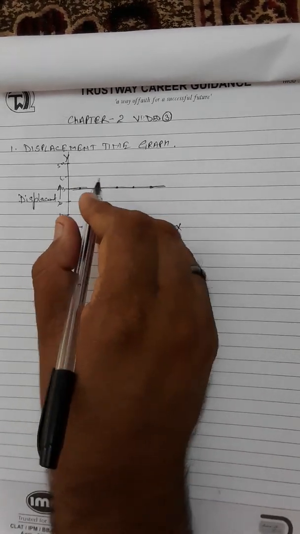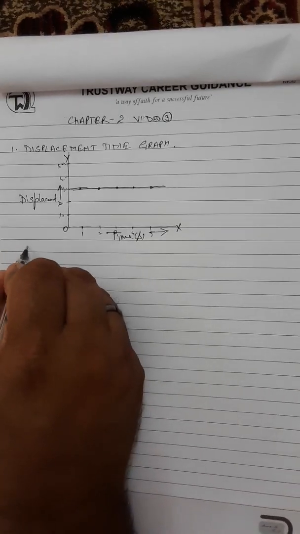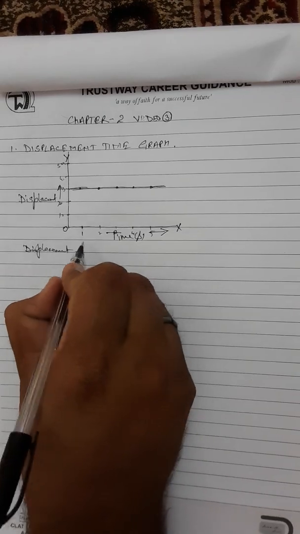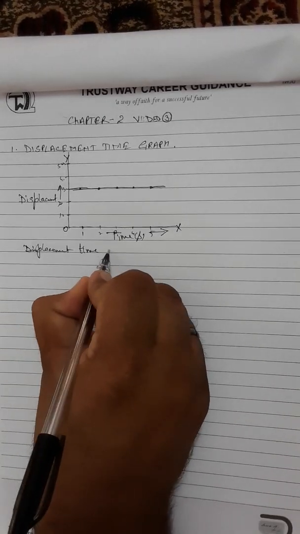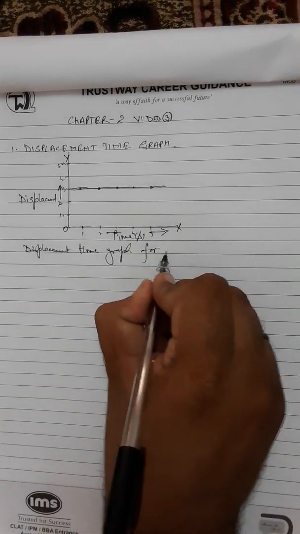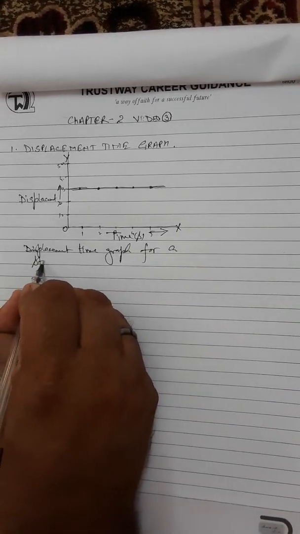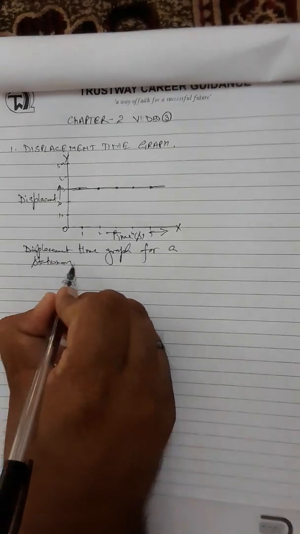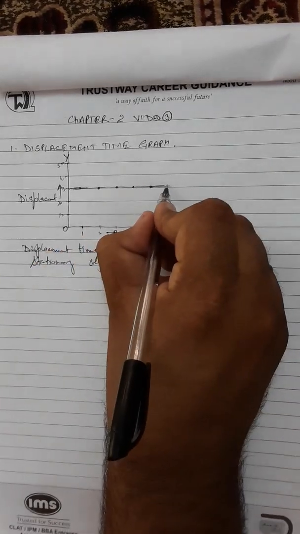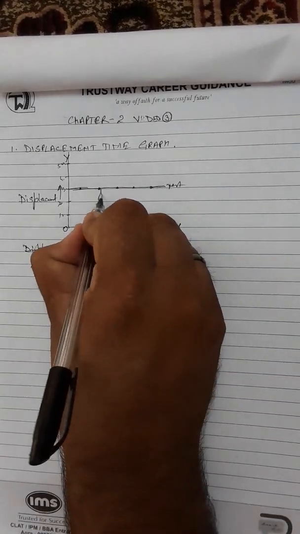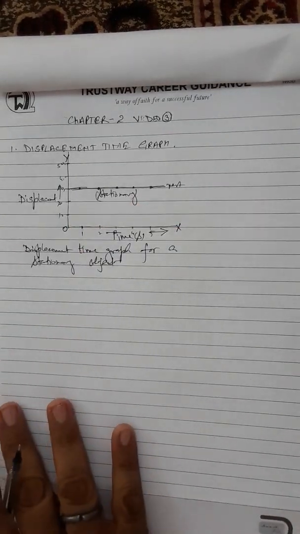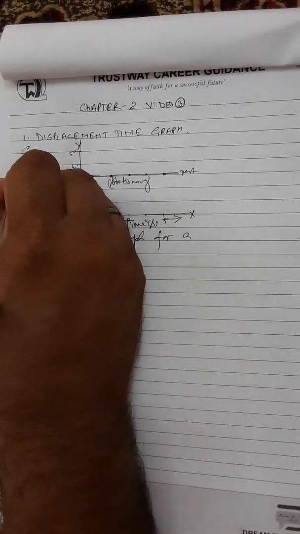We can say this is the displacement time graph for a stationary object. Body is at rest, body is stationary, not in motion. This was the first case.